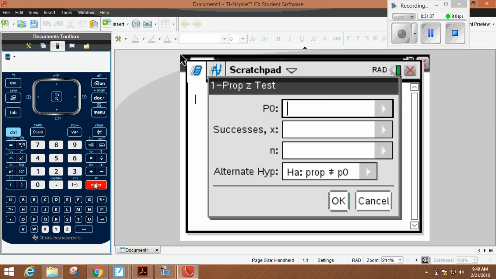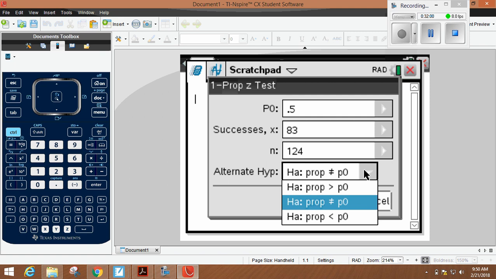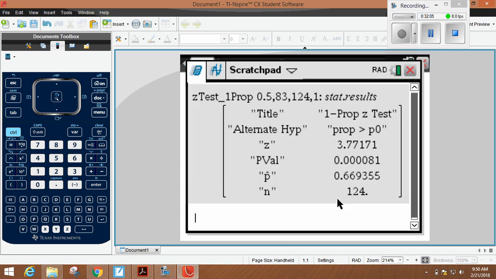P naught was 0.5. Successes, we had 83. N was 124. And in this case, we're saying that our proportion is greater than p naught. Our p-value is 0.000081.